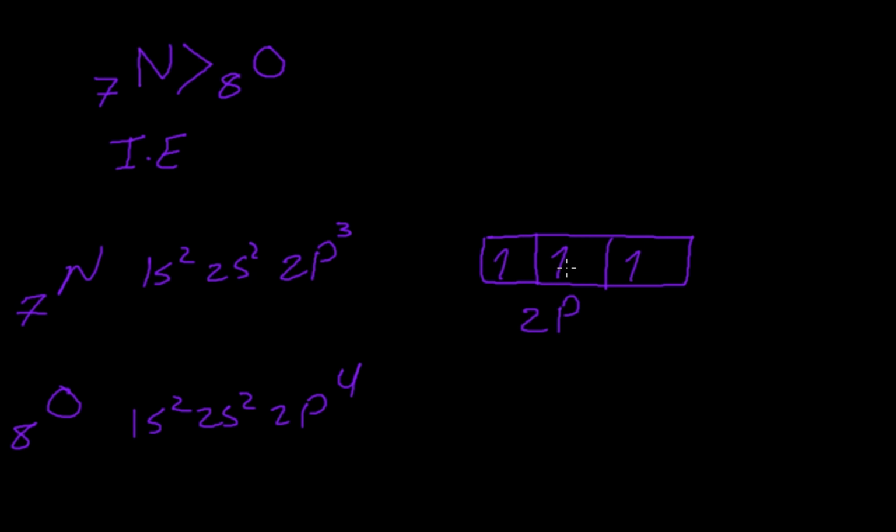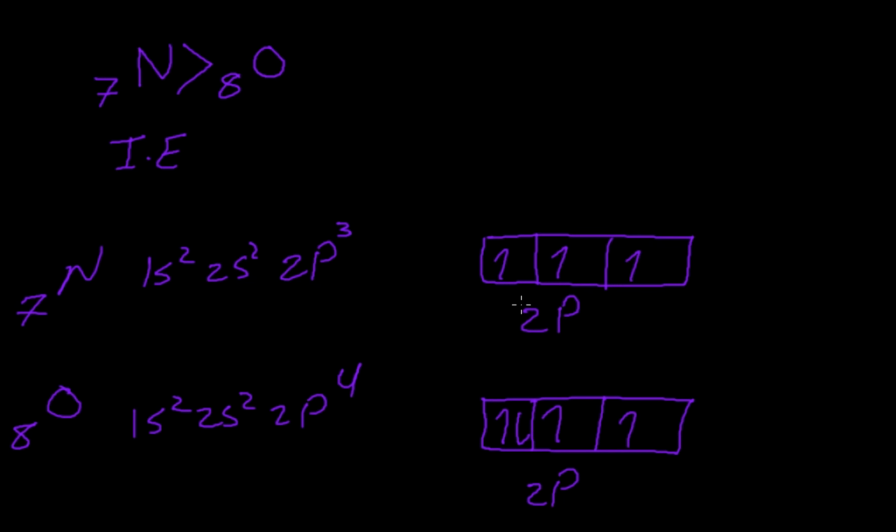Whereas for the oxygen, if I configure the electrons here, that should be 1, 2, 3, and 4. And this is the 2p. So look carefully at the 2p of the nitrogen and at the 2p of the oxygen.